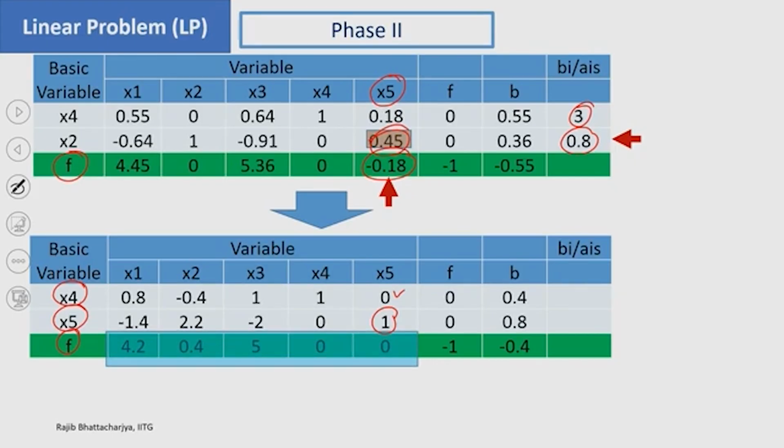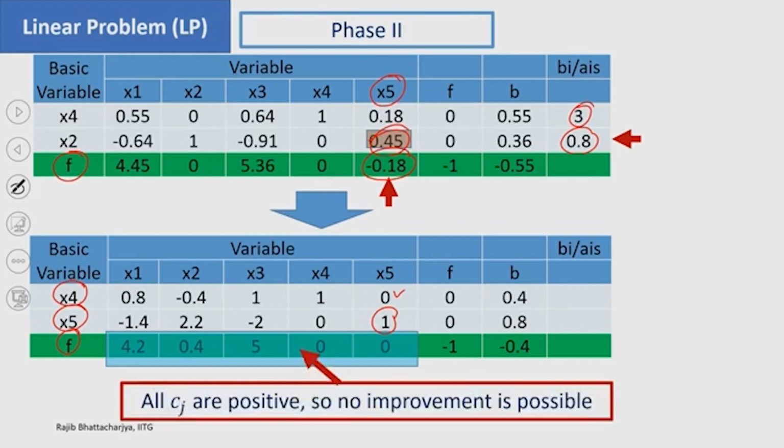Okay. So, if we look at all Cj are positive, and so no improvement is possible, that means you got the optimal solution. Okay. So, this is the optimal solution we got.